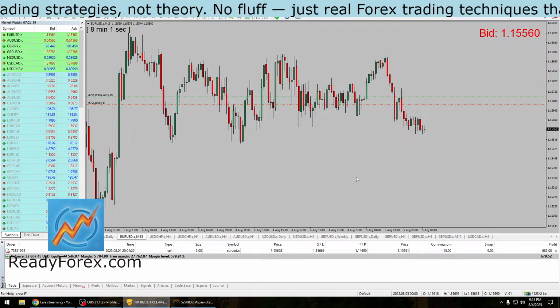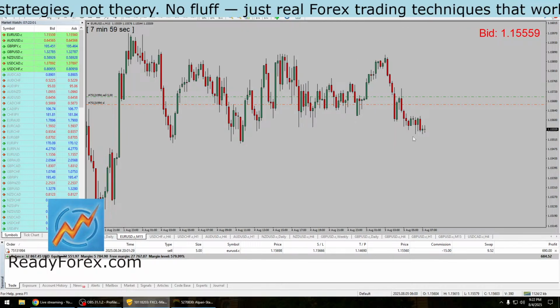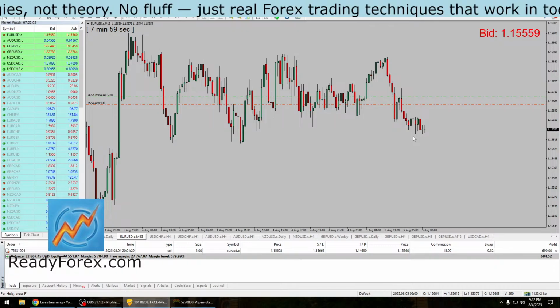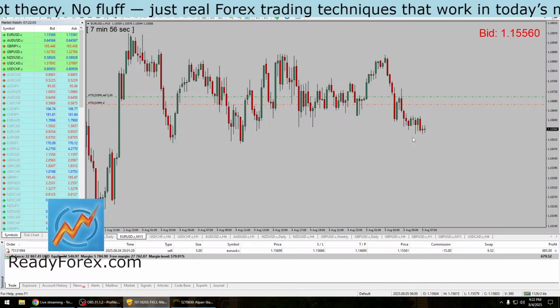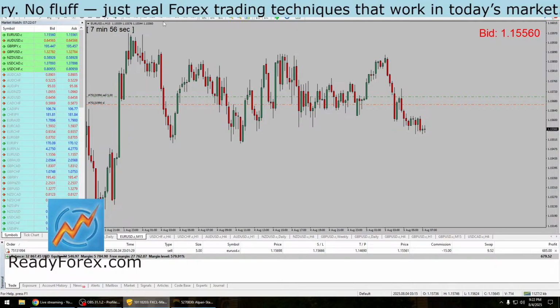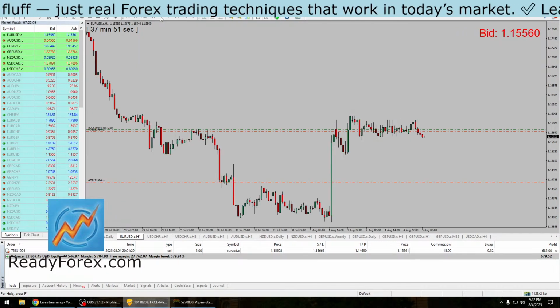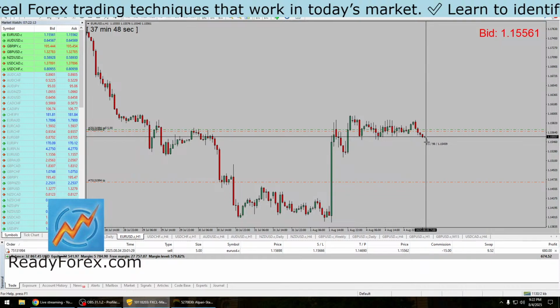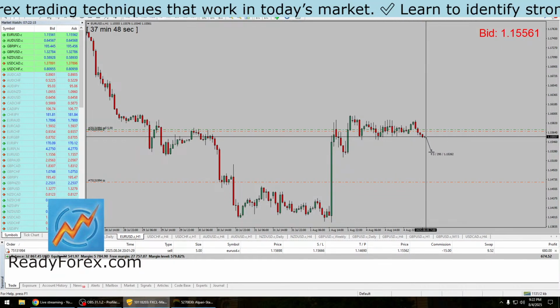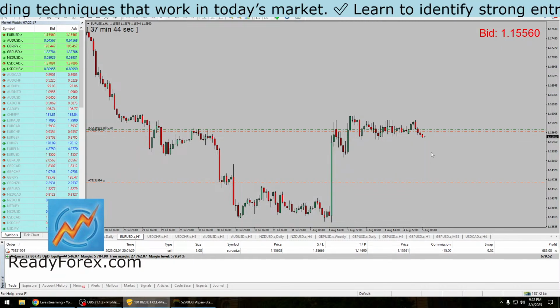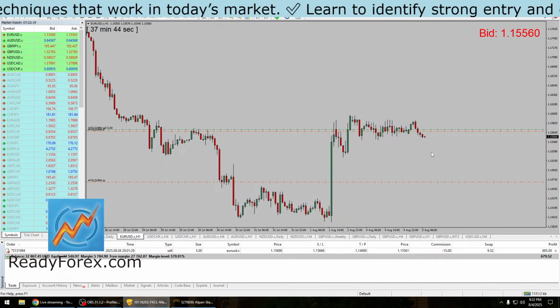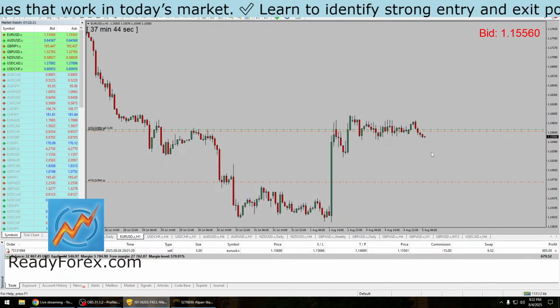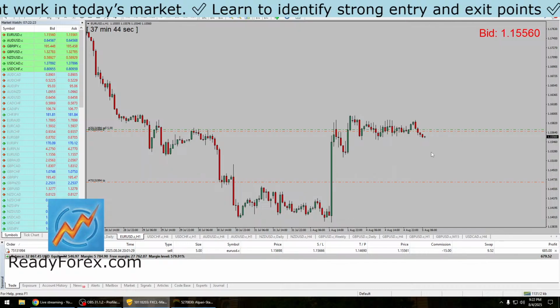Okay, let's go back to the euro dollar and see what's going on. Well, the trade is still going nowhere, kind of a sideways market, and this is what usually you expect when you try to trade the corrective price action. Okay, now the way I see market is probably going to move slow. This is the Asian session, and in Asian session you usually get a range bound type markets environment.